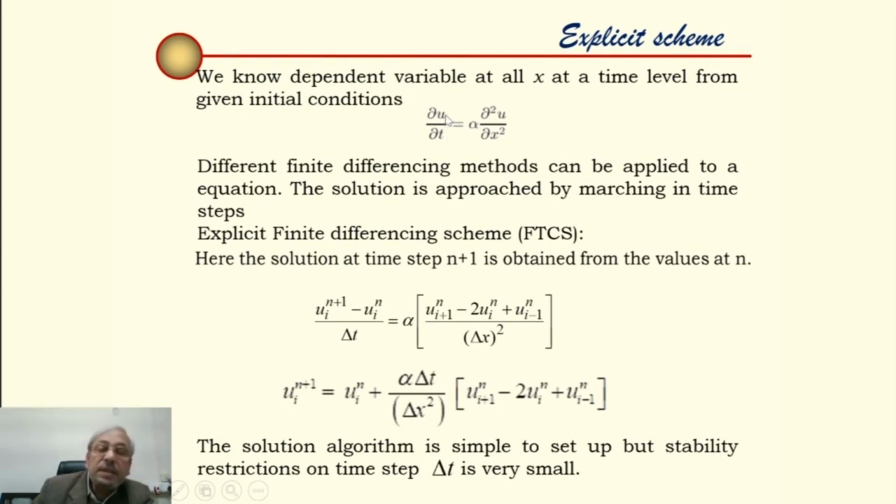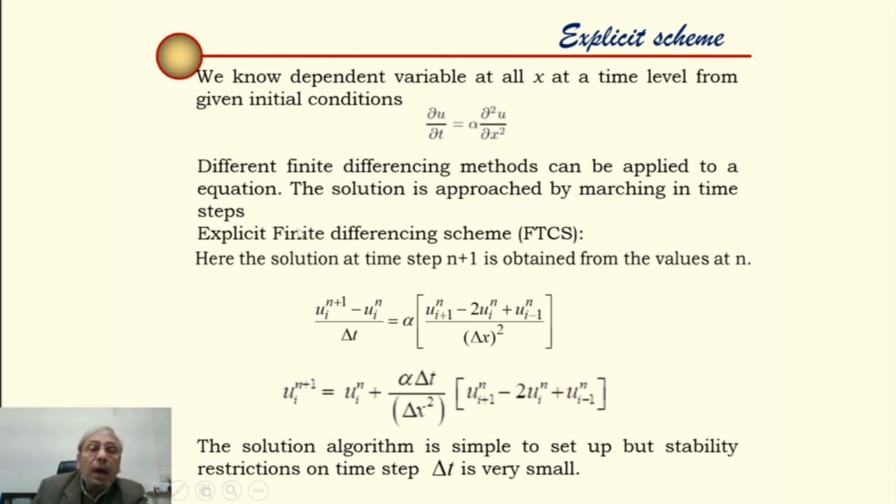Usually u represents the velocity field or velocity. Here, just for generality, we have written in this form, and our understanding is that u is temperature. Then del T del t equal to alpha del 2T del x2 is basically the unsteady state heat conduction equation.